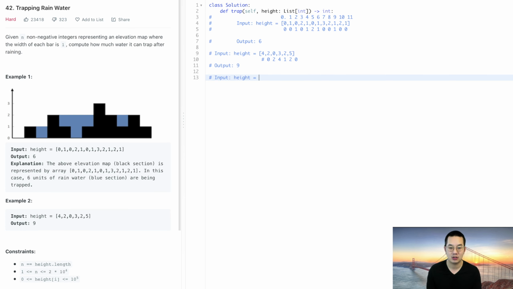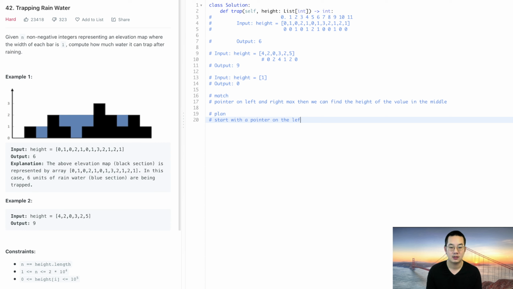So how do we do that? The plan. Start with a pointer on the left and right. Create a left max and right max of -1. Update the left max and right max until they cross.